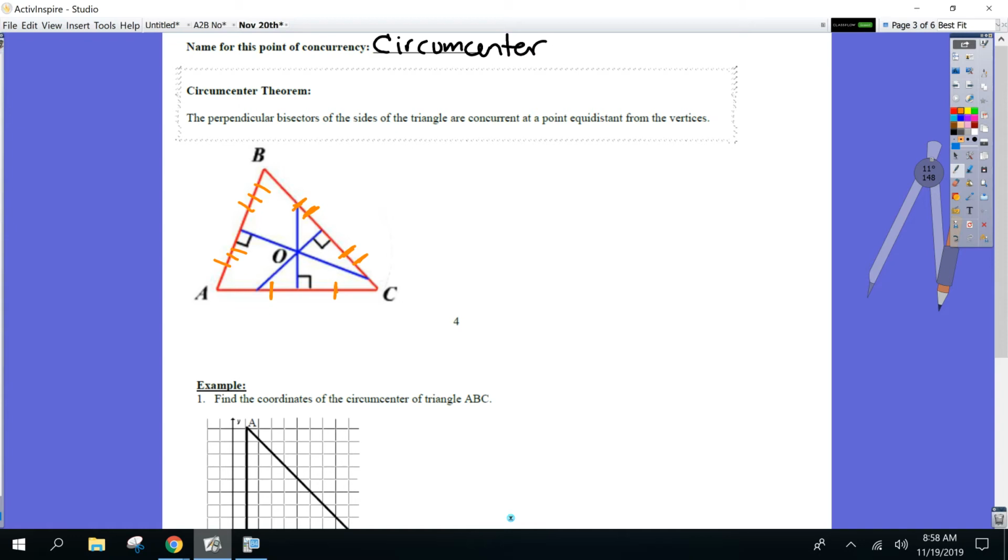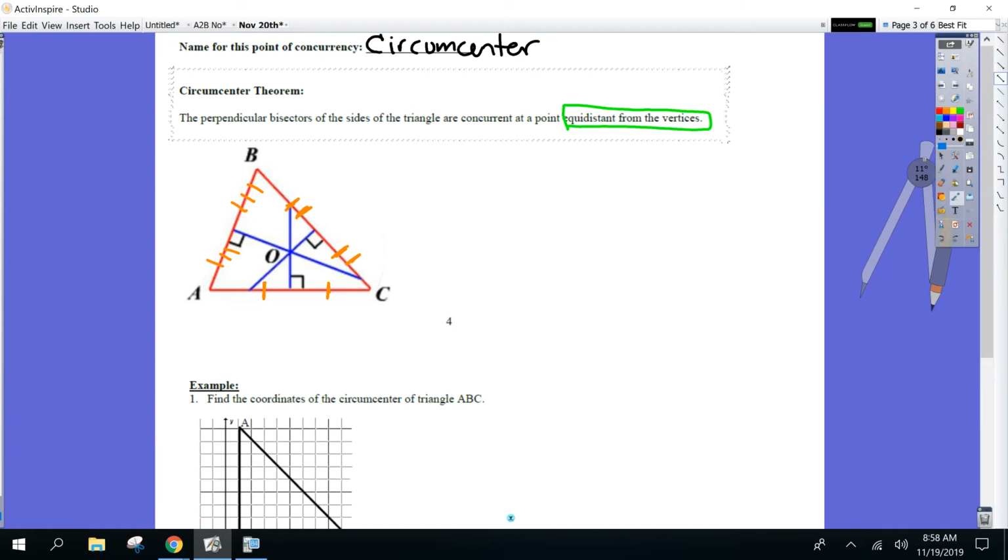If O is the circumcenter, or any circumcenter, it is equidistant from the vertices. Equidistant from the vertices, meaning everyone right now, from point O to point B, draw in a dashed line segment for me, please. From O to A, draw in a dashed line segment.